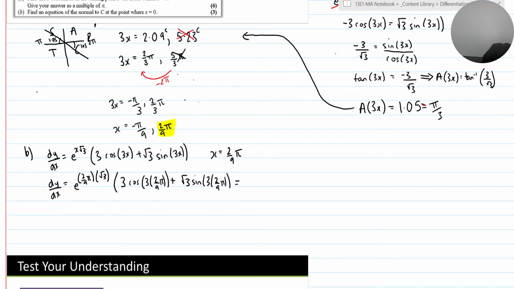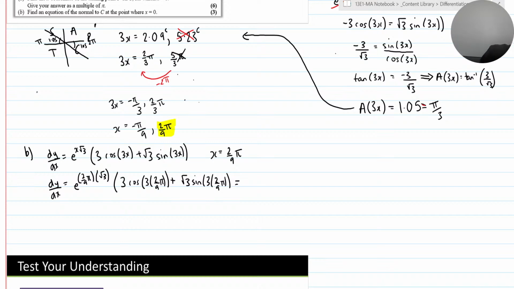So let's put that into our calculator. Alpha e to the power of, open bracket, 2/9 times by shift pi, close brackets, times by √3, close brackets, like so.